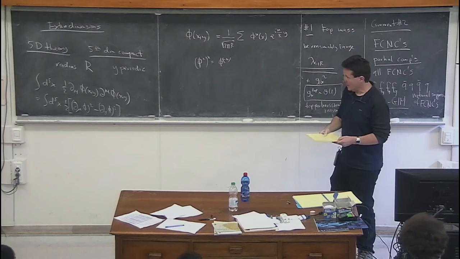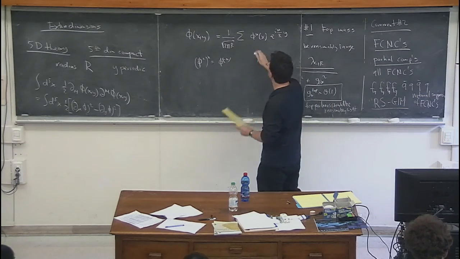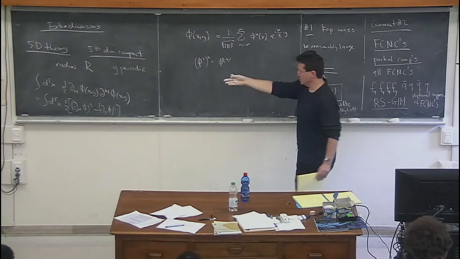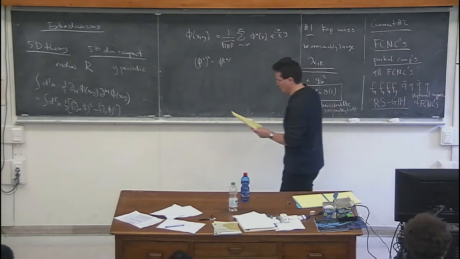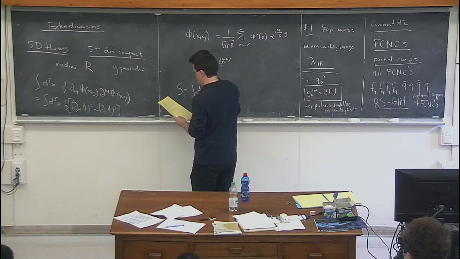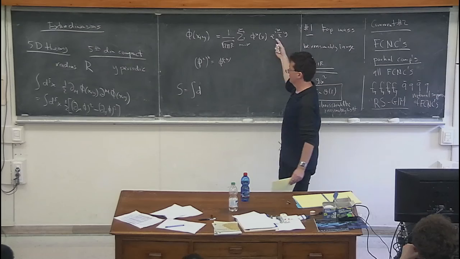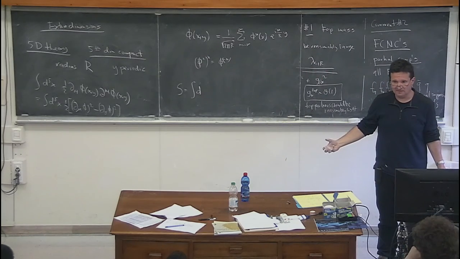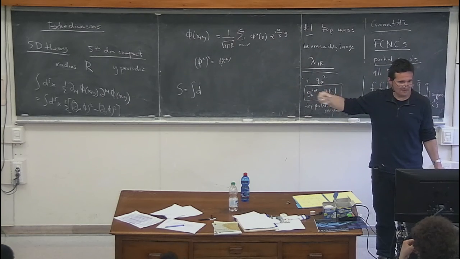Now the important thing is that you take this Fourier expansion, which goes from minus infinity to plus infinity, into my action. How will that action look? I plug it in. Now I have specified what the y dependence of each of these modes is, so I can just explicitly integrate over the fifth dimension.